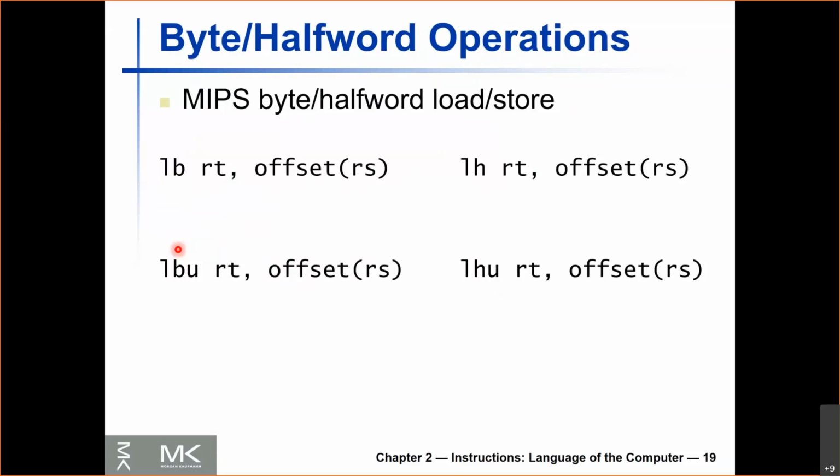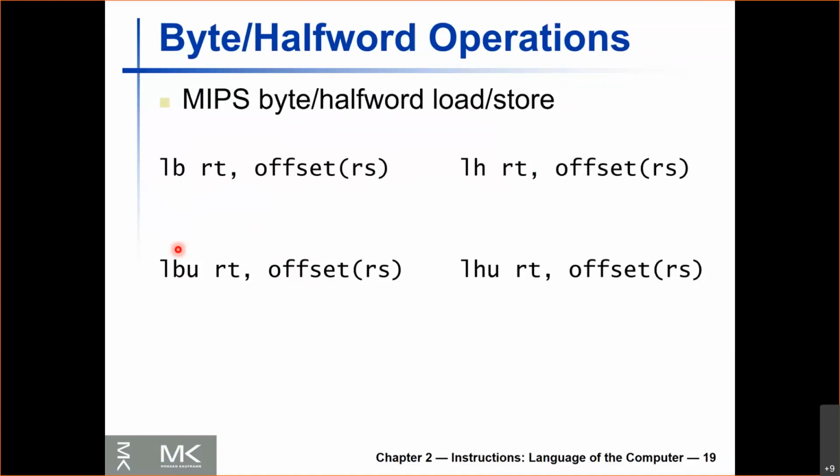Now, the value that we loaded might be a character, but it might also be an 8-bit integer, because these processors support handling 8-bit integers. So if the 8-bit value that we loaded was an unsigned value, we just want to put zeros to the left.